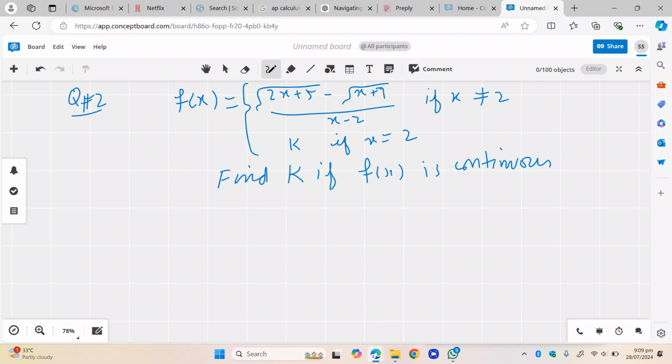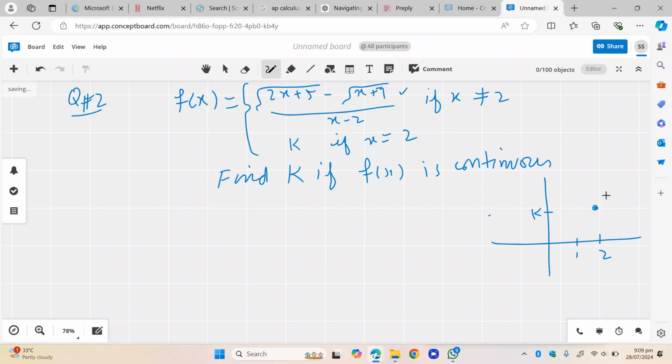Okay, and the function is continuous. It means that let's say we have this function, this is 1 and this is 2, and this is k. So the function value is equal to k when x is equal to 2, so f of 2 is equal to k, and when we approach 2, the value of the function is this one.